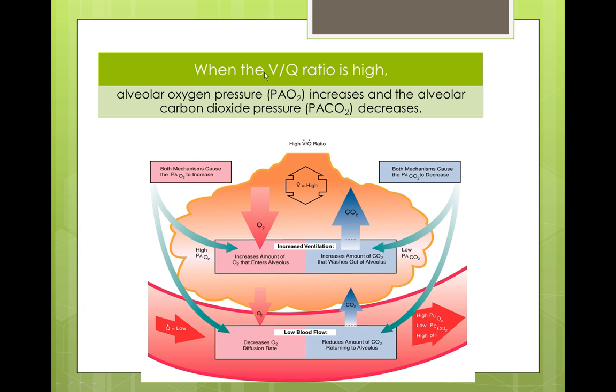So could we have ventilation that increases and perfusion that decreases at the same time? Of course, which means that that ventilation-perfusion mismatch can become even greater. But at some point, that ratio gets too high and the CO2 will begin to increase in the bloodstream.